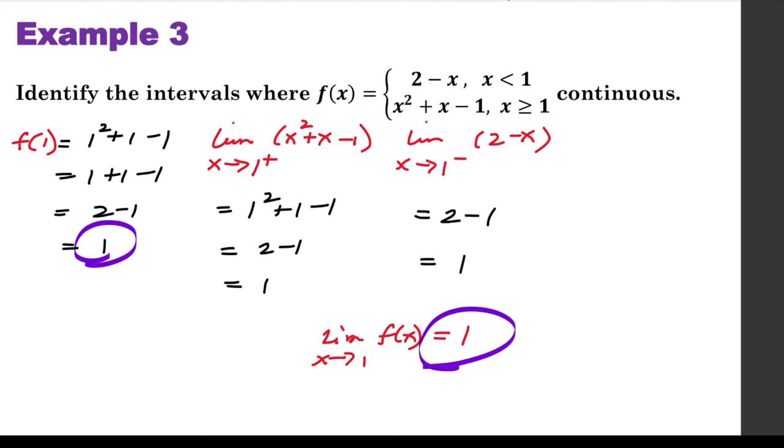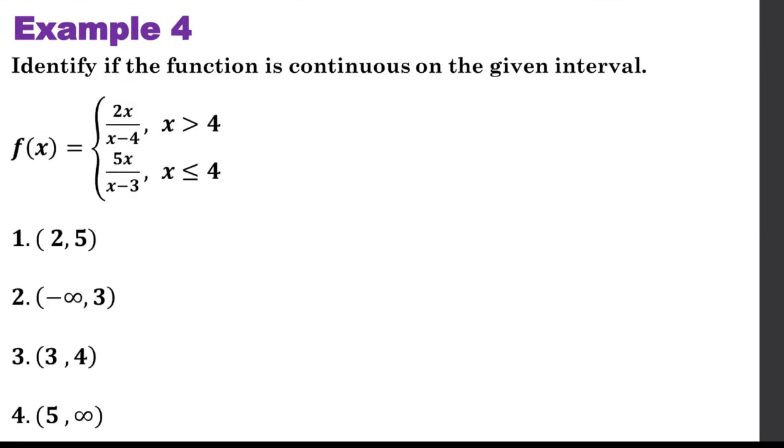Therefore, to answer the question on the intervals, we can say that the function is continuous on the interval negative infinity to infinity. Another example, we would like to identify if the given function is continuous on the given intervals.